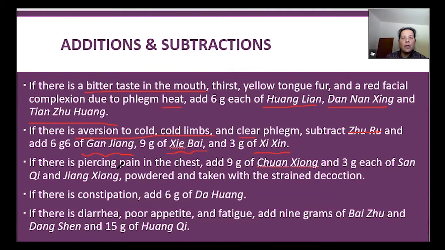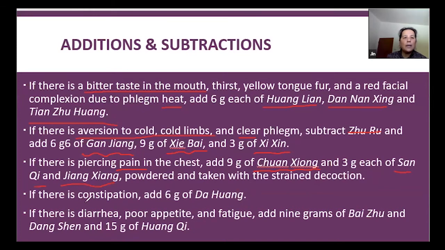If there is severe pain in the chest, we add 川芎, moving blood, and 三七, moving blood. 藿香 moves qi. So that's moving qi and moving blood to stop pain.